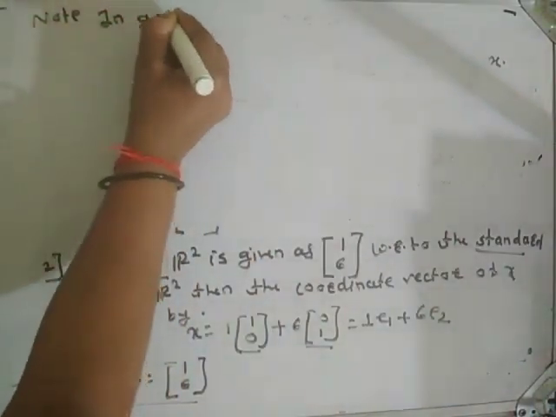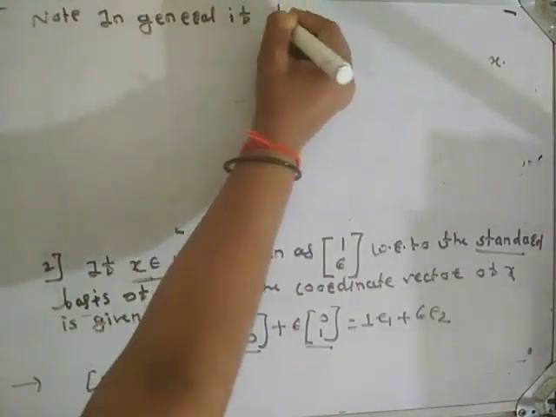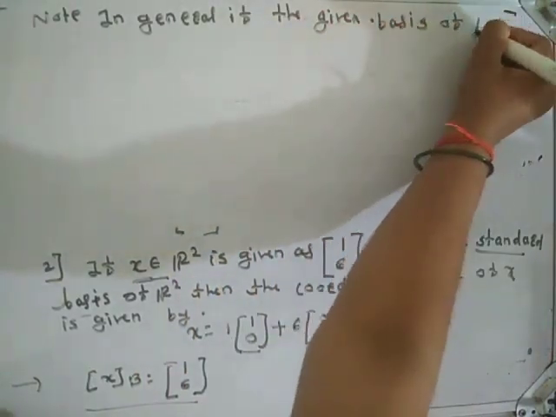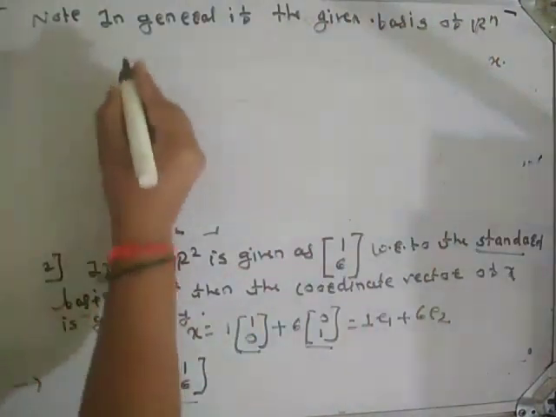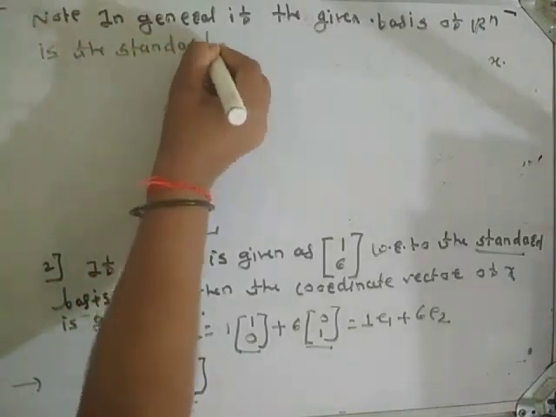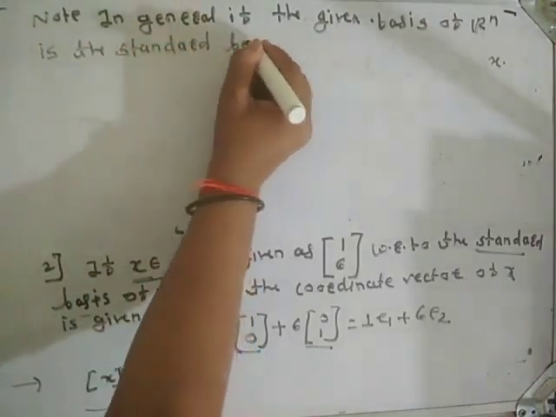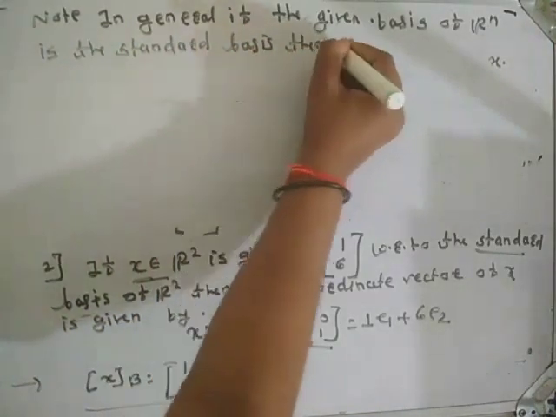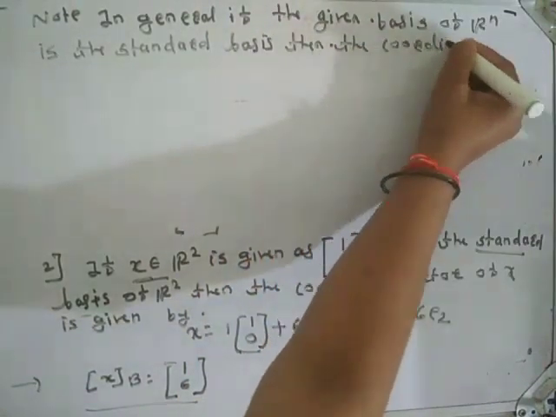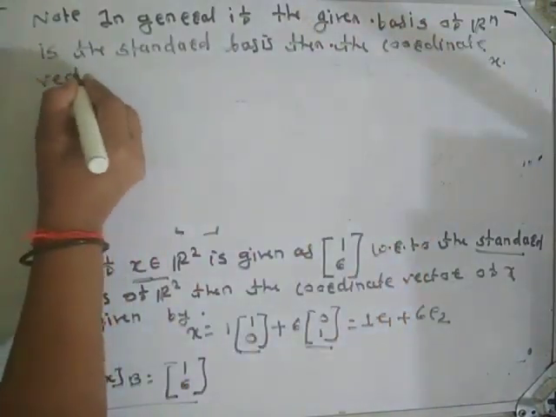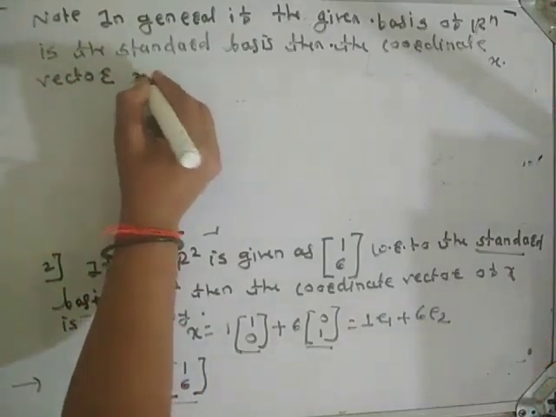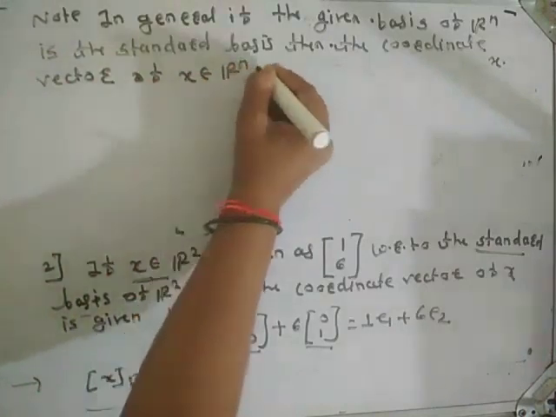In general, if the given basis of Rn is the standard basis, then the coordinate vector of x belonging to Rn is itself.